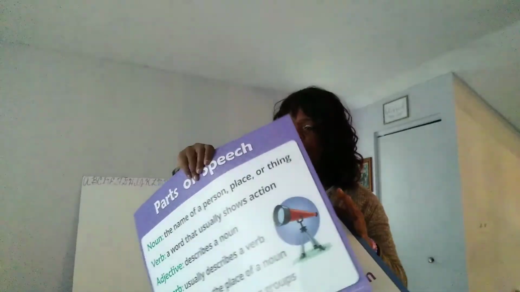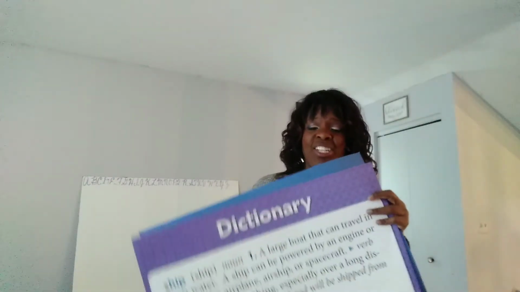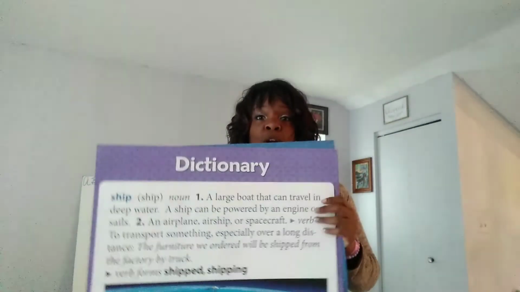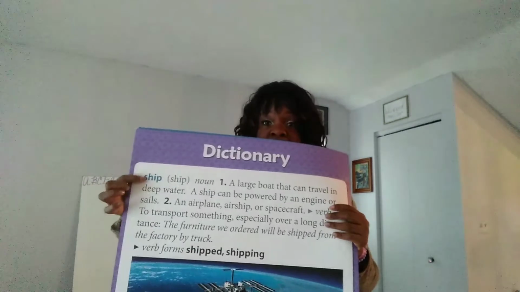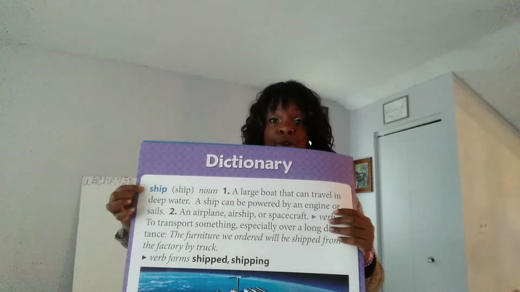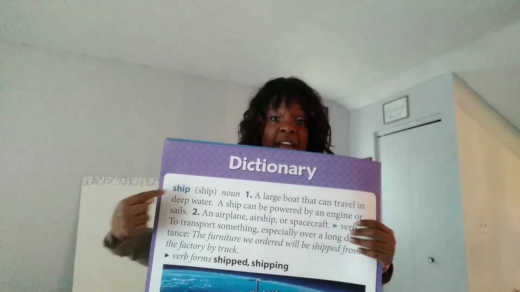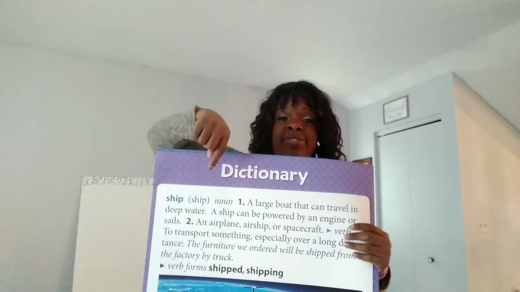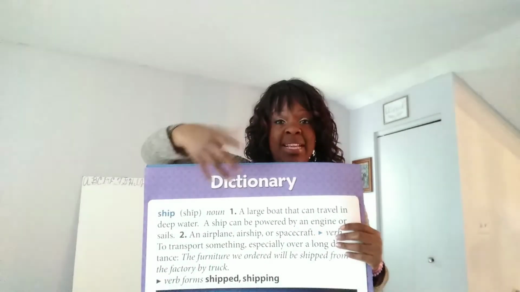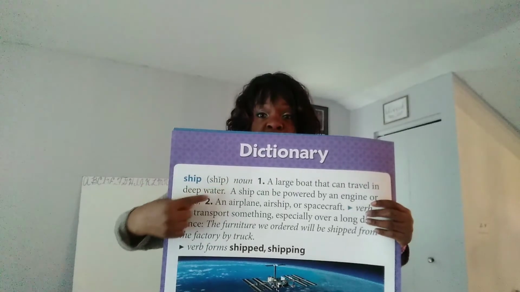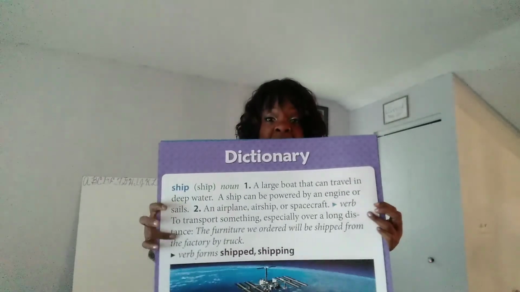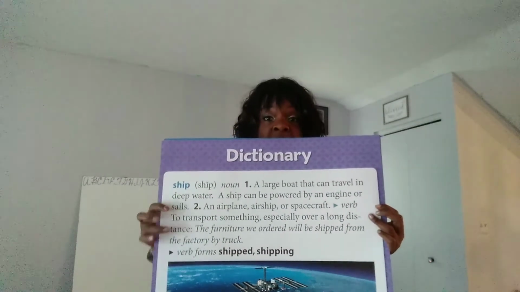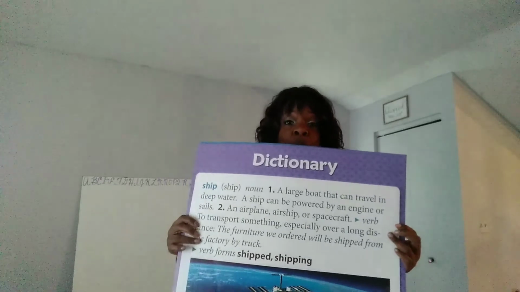Then we've been talking about our dictionary skills. And so remember, our dictionary has entries, and each entry that's there shows how to pronounce the word, how to spell the word, what definitions the word has, what it means, what parts of speech that word might be. And then it might give a sample sentence for that word and give other forms of that word as well.